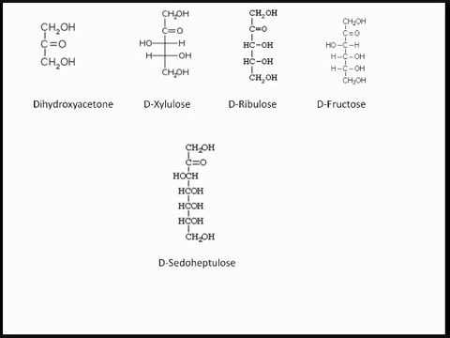Which is C3H6O3. And what is known as aldotriose. So what is the ketotriose? Which also has the same formula, C3H6O3. And I already told you the aldehyde is always present at C1 and ketone is always present at C2.